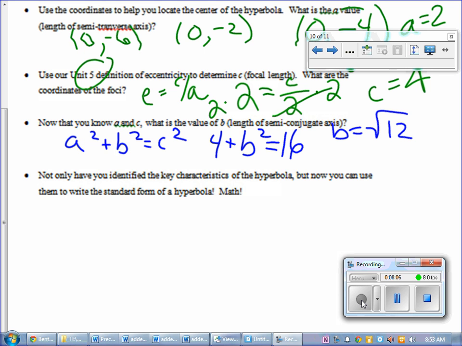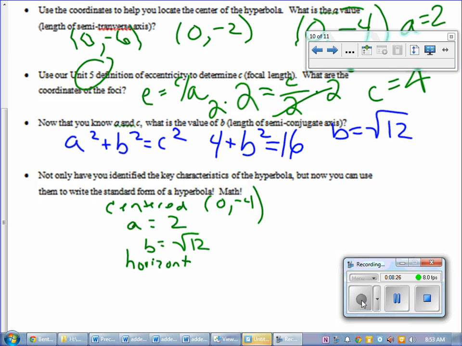So now I can write my equation of the hyperbola. Remember, it's centered at 0, negative 4. I write down these key facts. It's centered at 0, negative 4. A is 2. B is radical 12. And it's a horizontal hyperbola. So because it's horizontal, the x comes first, minus, because it's a hyperbola, and it'll be y plus 4 in the numerator.